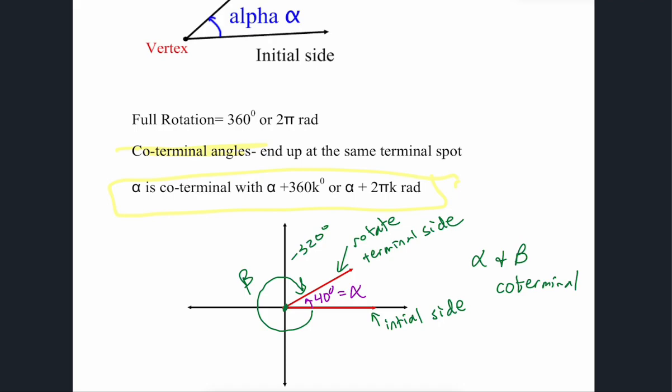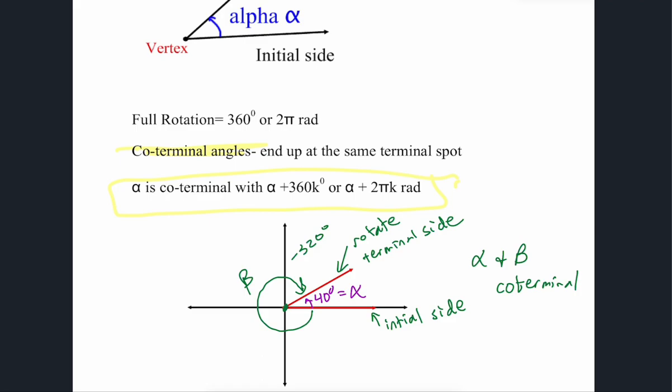Okay, so we have to get used to the fact that coterminal means I have landed in the same spot as I rotate around the x and y axes. And since one full rotation is 360 degrees or 2 pi radians, I can land there by adding 360 or subtracting 360, or adding 2 pi or subtracting 2 pi. So it's kind of a new way of thinking about what an angle measure can be.